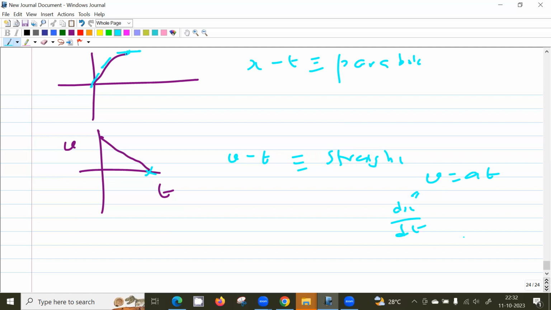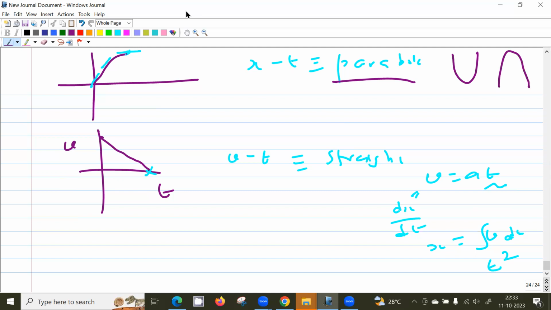So from this I get x as the integral of v dt. When I integrate t, it will become t square. So that's why when the v versus t curve is a straight line, the x versus t curve will be a parabola, because a parabola is t square plus some t plus some constant. And the parabola can be of two types: one type is U, another type is inverted U.